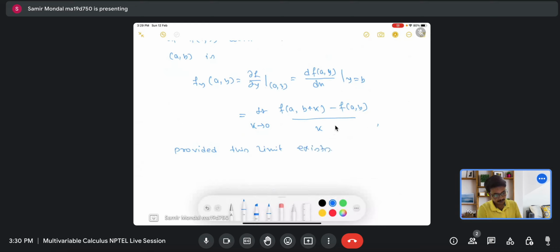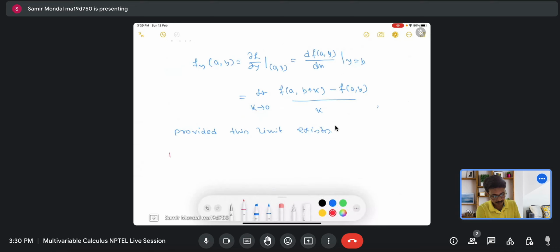Here also one can note that when you are plugging x equal to a, we are getting this function. If the partial derivative exists, meaning this limit exists, then f of a, y must be continuous. Okay, it's fine.